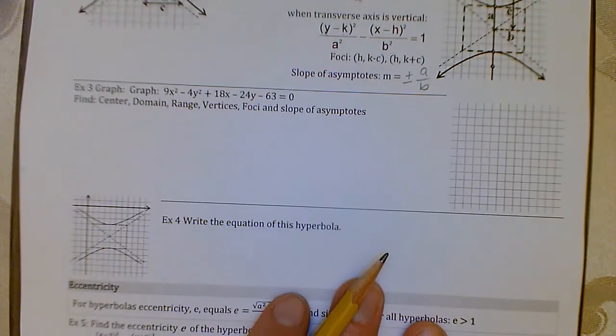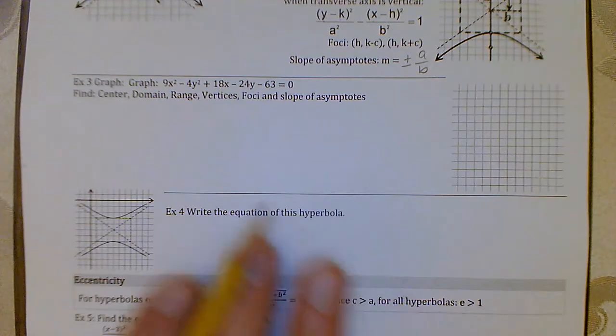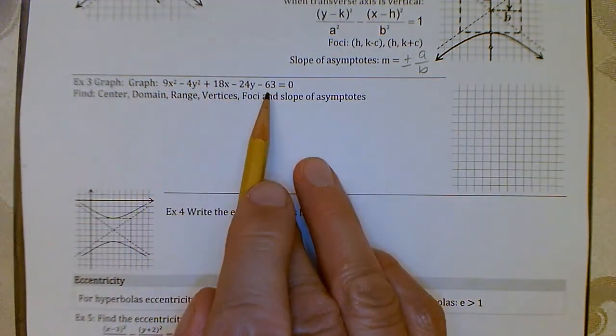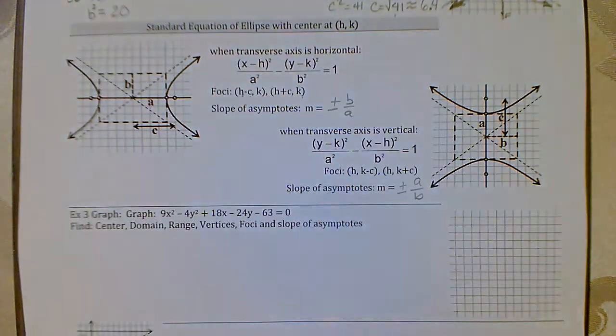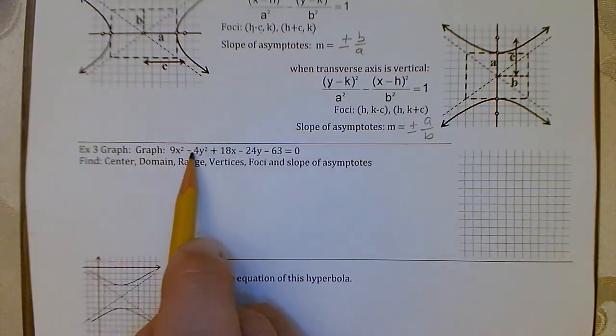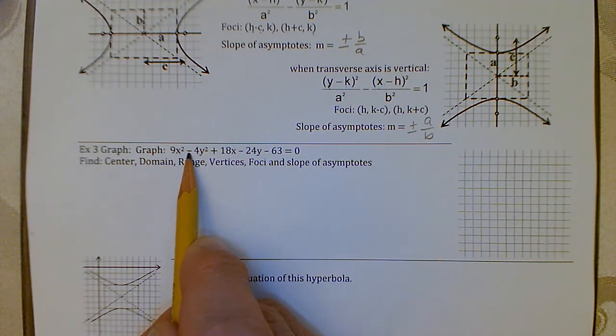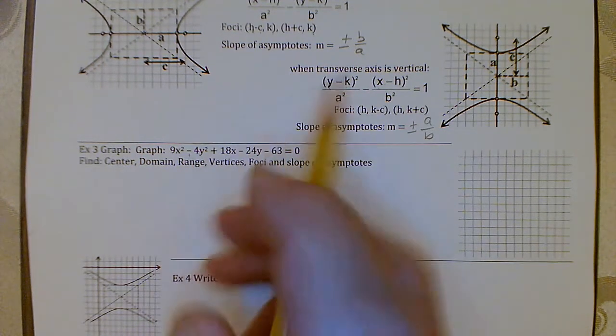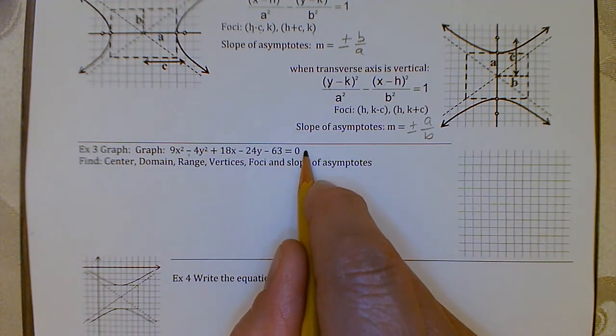All right, so let's look at an example here, number 3. Graph this. So first, in order to graph this, we really want to put this into one of these two forms. We can see that the y is negative, therefore we know that the orientation is going to be what?